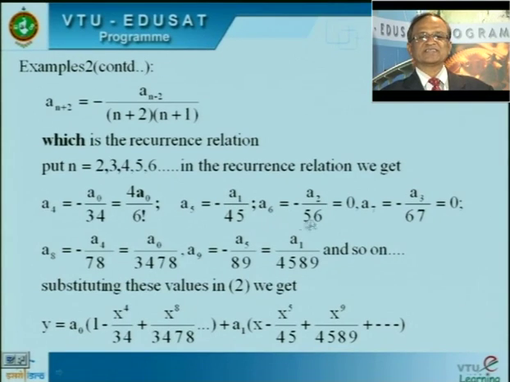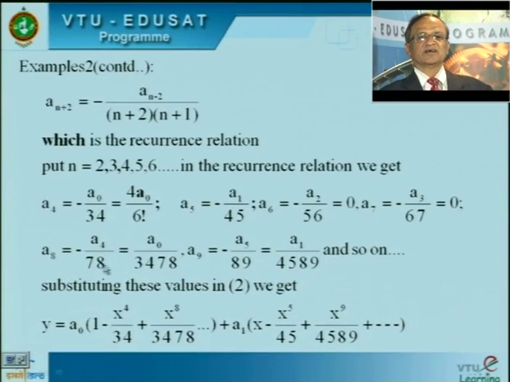Similarly, you can obtain a6: replace n by 4, 4 plus 2 is 6, and 4 minus 2 is 2, so a2 appears, and 4 plus 1 is 5, so 5 into 6. But a2 can be written in terms of a1. Is it clear? So similarly, you can obtain a7 is equal to minus a3 divided by 6 into 7. I hope you will get all these values in terms of a0 and a1, right.